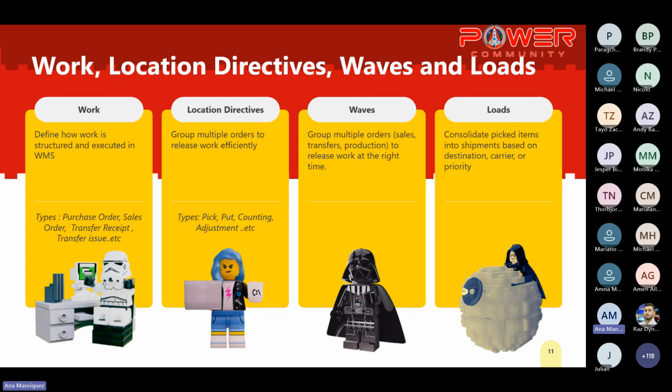But with the wave, the system groups them and there is a single way to release everything, maybe per customer or destination, and different waves and different works for this type of configuration. In the next step, we will see this configuration. And finally, the loads. The loads organize the picking into the shipment unit. You say, okay, this is the load.